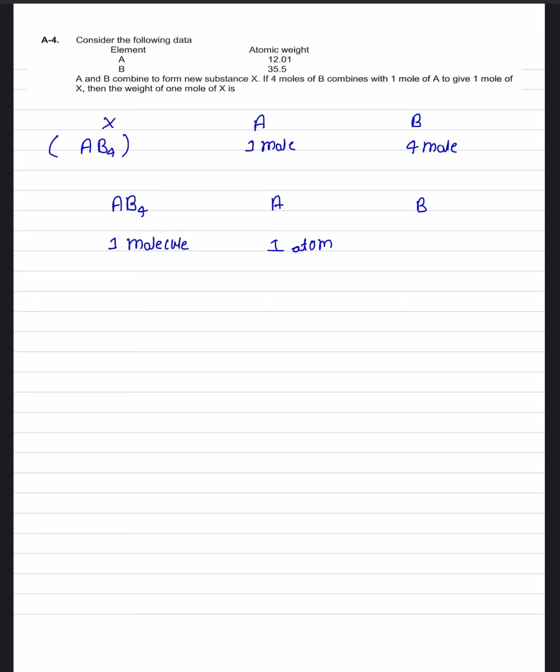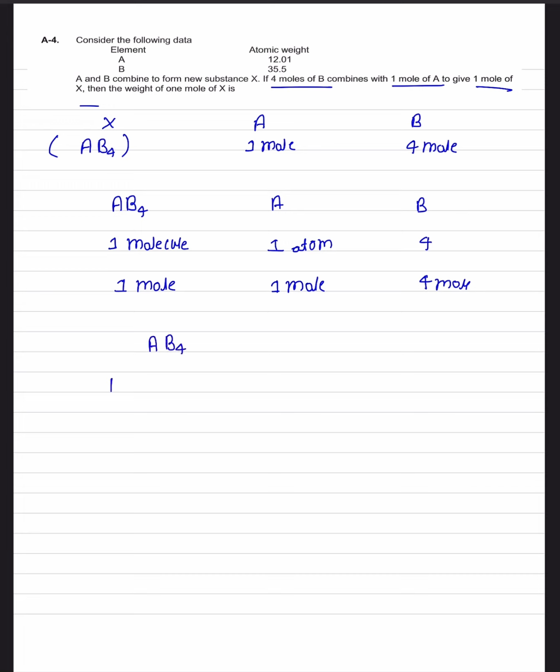How many B is there? Yes, sir, 4. If this is your 1 mole, how many moles of A is there? 1 mole. How many moles of B is there, sir? 4 moles. Yes or no? And what is given in the question? 1 mole of A, 4 moles of B, and 1 mole is X. Yes or no? So AB4 is there.